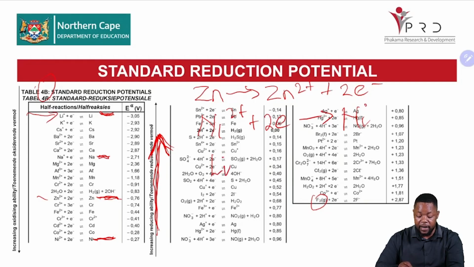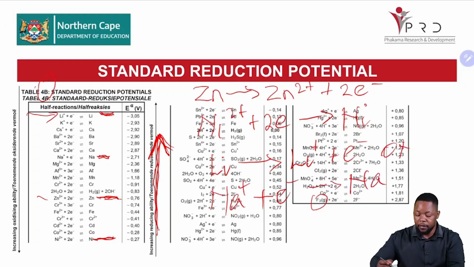We write it as Li, then one arrow instead of two, then Li+ with one electron. So that is our oxidation half reaction. Sodium is the one that undergoes reduction, so it is written as it is: Na+ with one electron changes to Na. This is our reduction half reaction. So that is how we use the standard reduction potential table.